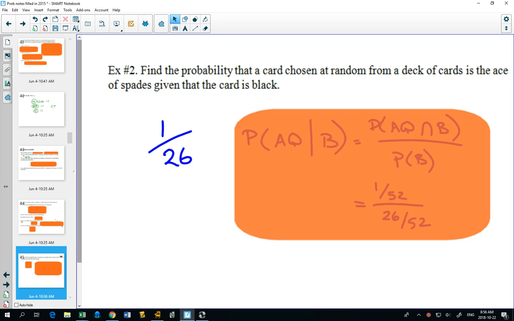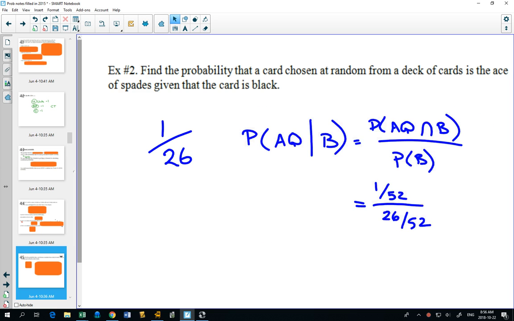Formulaically, we could do it as well. What's the probability of the ace of spades given that it's black? The formula says figure out the probability of the ace of spades and black divided by the probability that it's black. Well, there's 1 out of 52 that are ace of spades. There's 26 out of 52 that are black.